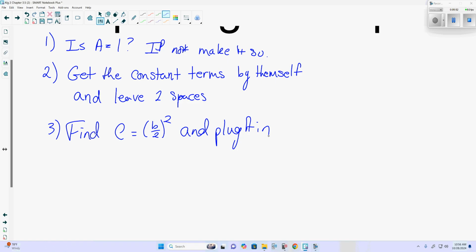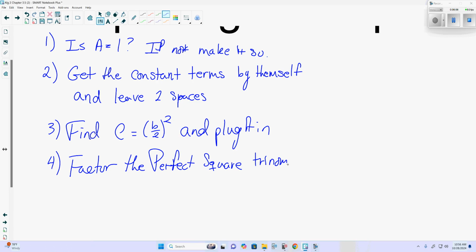Fourth step, factor the perfect square trinomial.